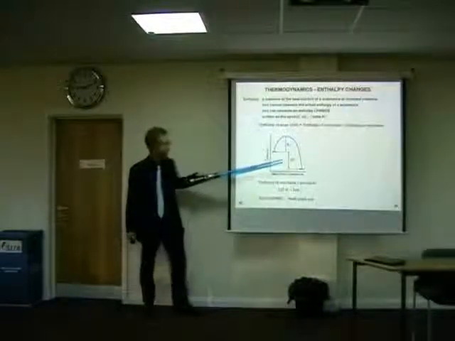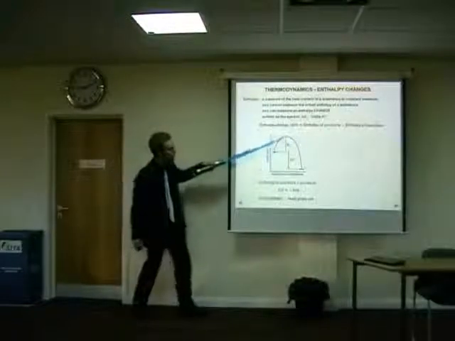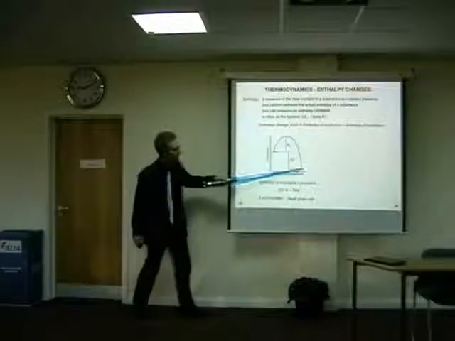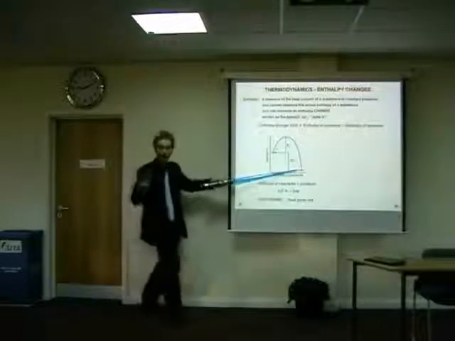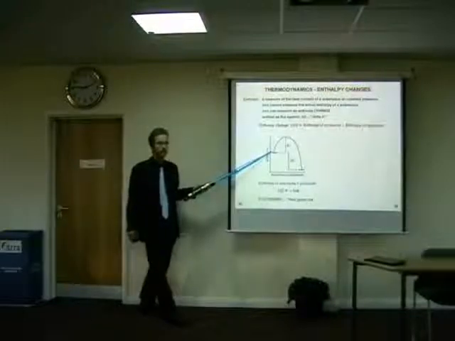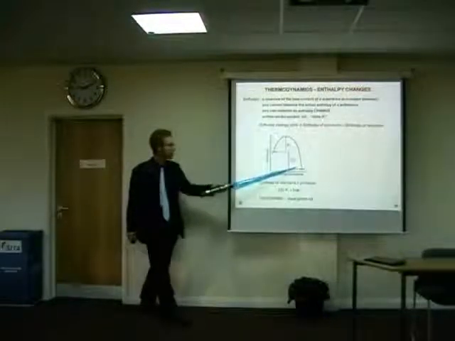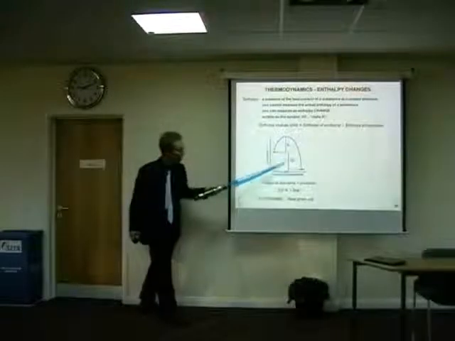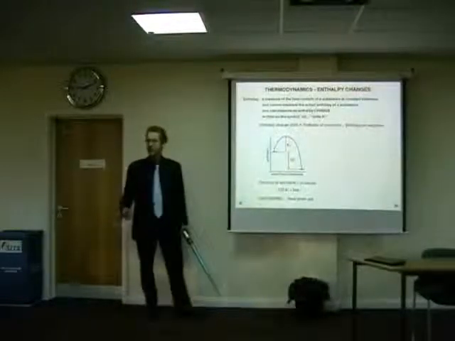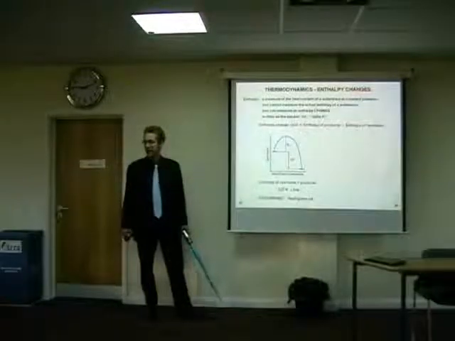Yep? So we put some energy in, that's the activation energy, and then, in this case, we get some energy out. The products have got less enthalpy than the reactants. Make sense? Products have got less enthalpy than the reactants. So overall, delta H is negative for an exothermic reaction.